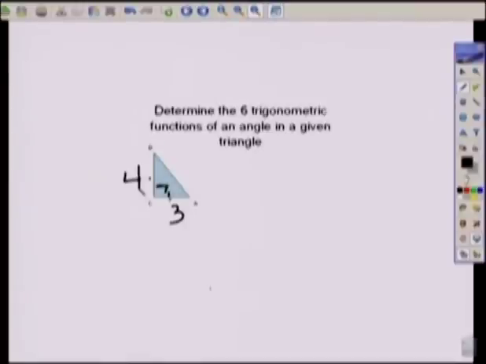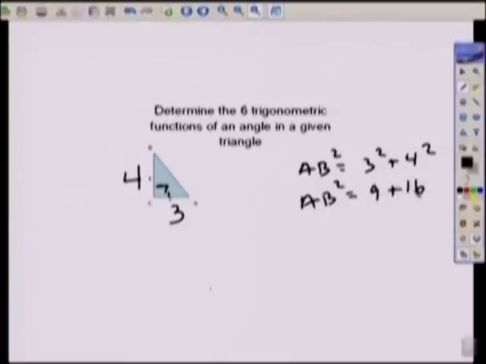Immediately you should go to the Pythagorean theorem. So we can find the length of AB by using the Pythagorean theorem. 3 squared plus 4 squared, so AB squared is equal to 9 plus 16. AB squared is equal to 25, and AB is equal to plus or minus 5 when we take the square root. We're going to deal with the positive root 5 at this point.